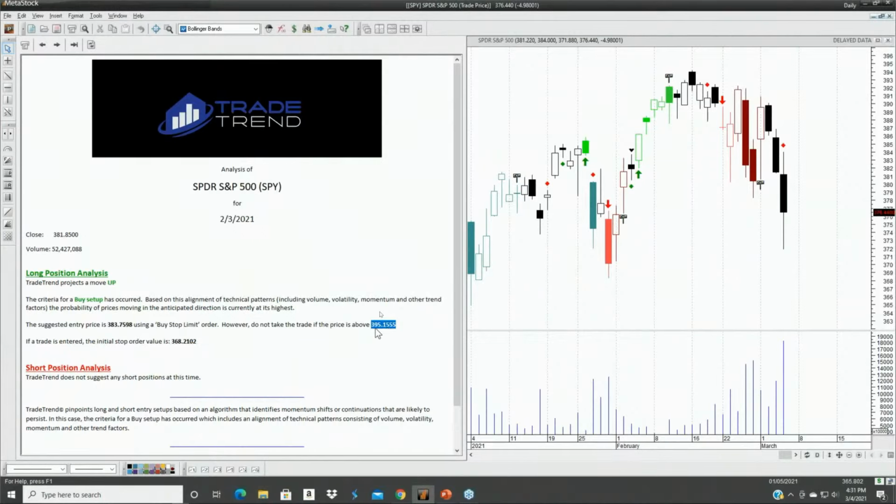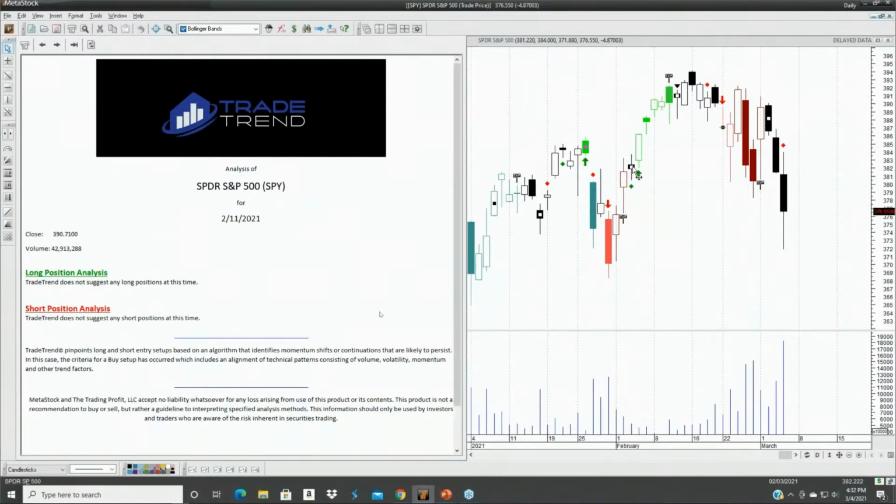And there wasn't even a signal there to the upside anyway, but if you get a gap above 395.15, don't get into the trade because the momentum's already taken place based on overnight futures action. And then if a trade is triggered, as it was in this case, it gives us our initial stop value. And we can follow this trade here.